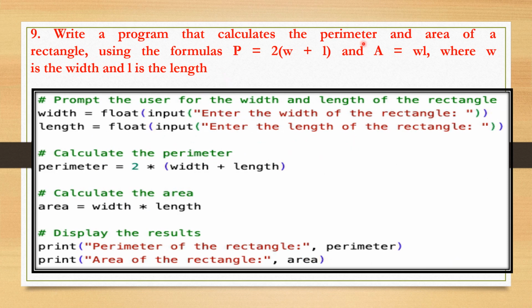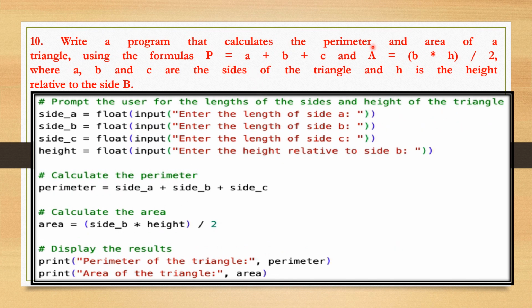The next program is to calculate the perimeter and area of a rectangle. We need the width and height. So prompt the user to enter both and then calculate the perimeter as 2 times width plus length, and then area is width into length. And finally display the results by storing them into variables called perimeter and area. The next program is to calculate the perimeter and area of a triangle using these formulas.